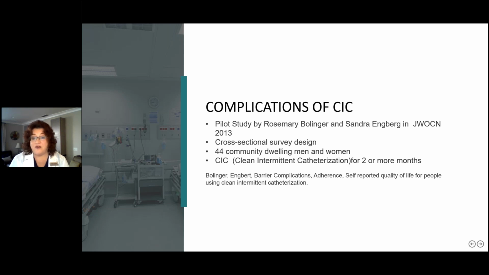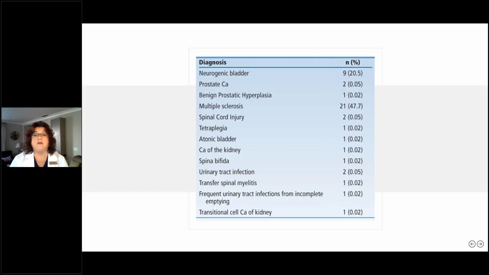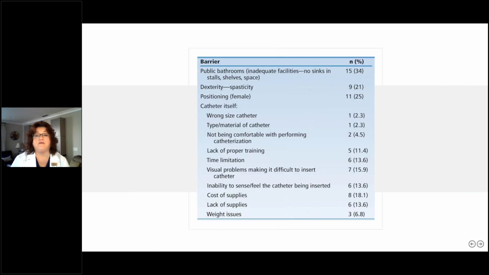I found this very interesting. Among the diagnoses in their study, the majority of the patients had multiple sclerosis, 21. Nine of them had neurogenic bladders, and then urinary tract infection was 2, along with spinal cord injuries at only 2, and then prostate cancer. But mostly it was MS patients they did this study with.